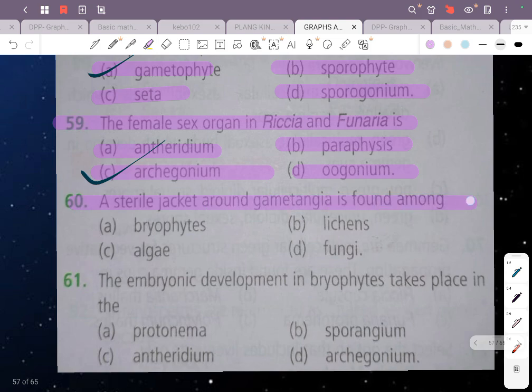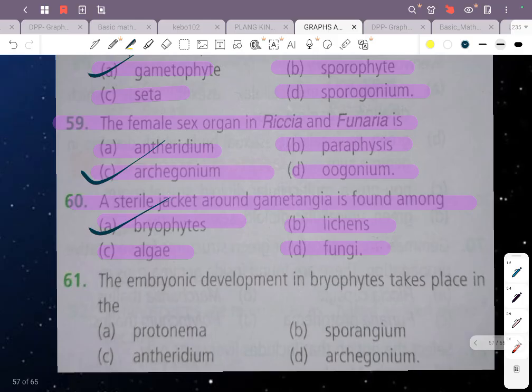So moving on to the next question. A sterile jacket around gametangia is found among A, bryophytes, B, lichens, C, algae, or D, fungi. What do you think? It's actually found in bryophyte.